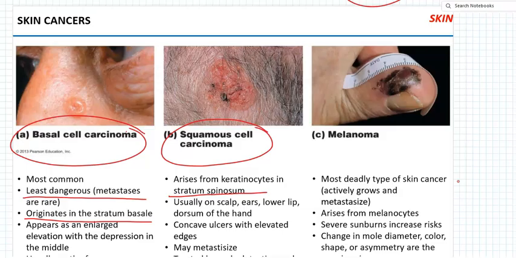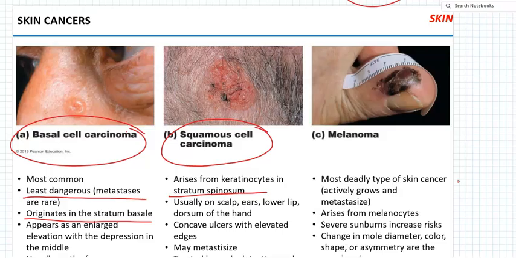Cells do not divide because the signals in the cell stop it from dividing, but it doesn't lose the potential for division. It can divide if those brakes are removed. This is what happens in squamous cell carcinoma.